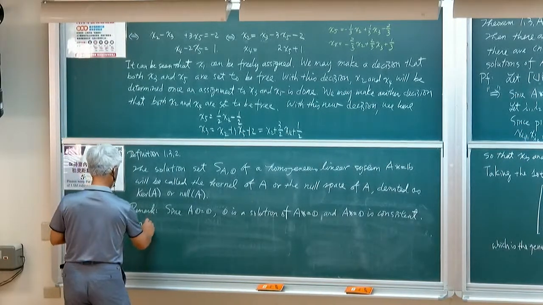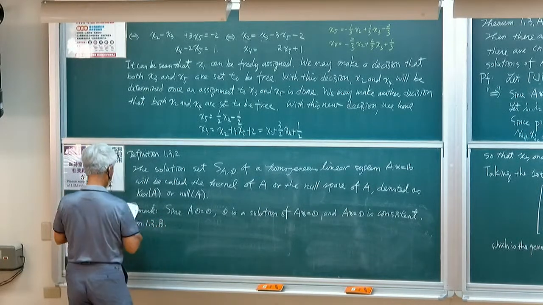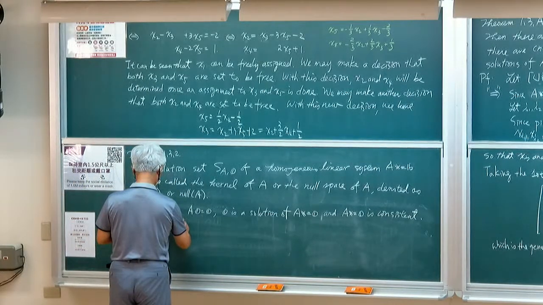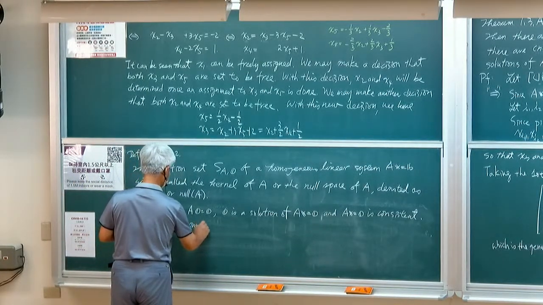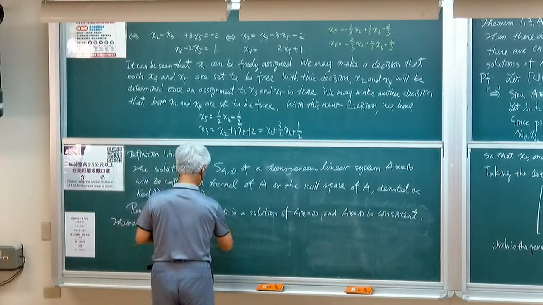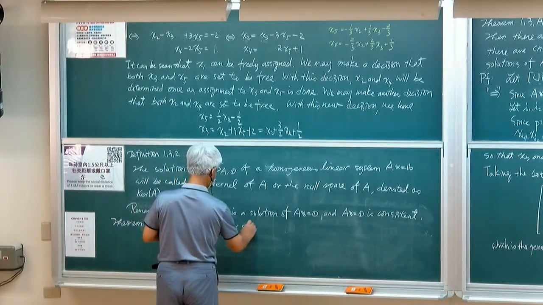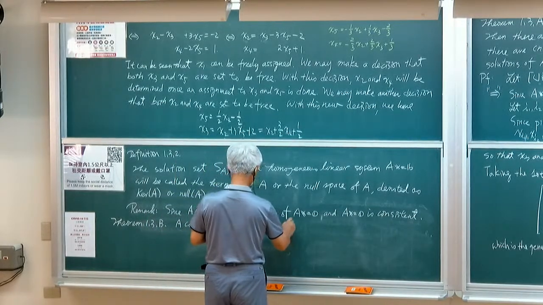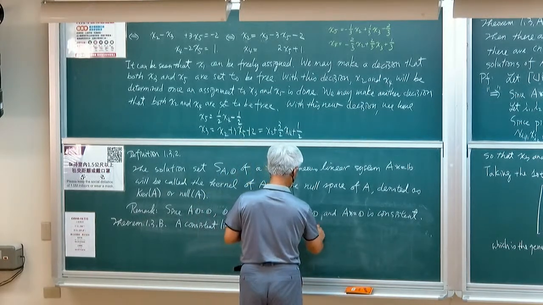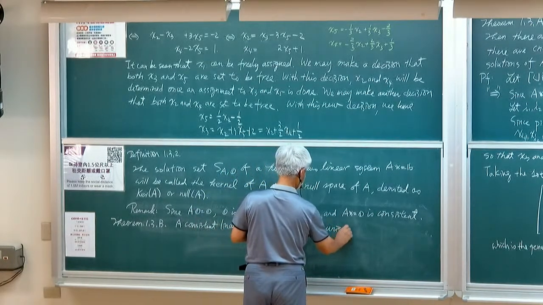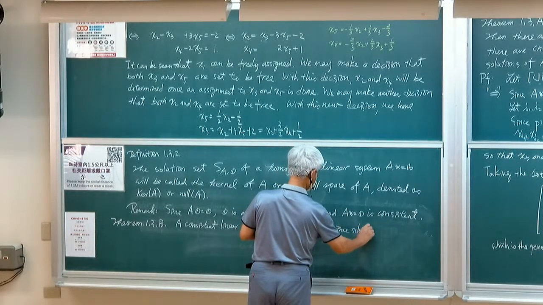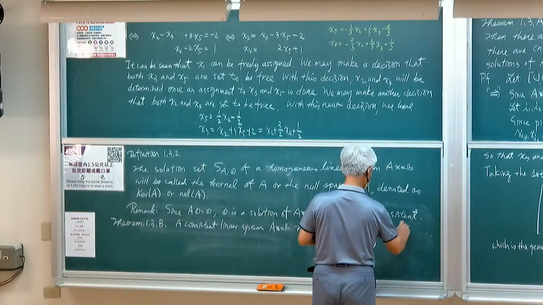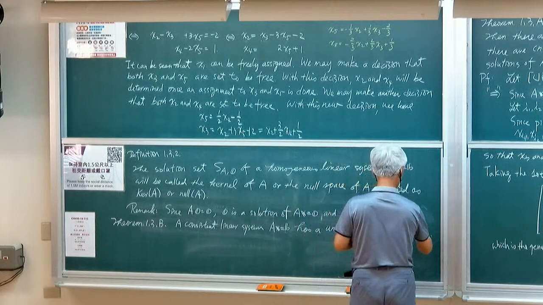All right, so we immediately have a theorem, 1.3.b. A consistent linear system Ax equal to B has a unique solution if and only if the kernel of A is trivial.